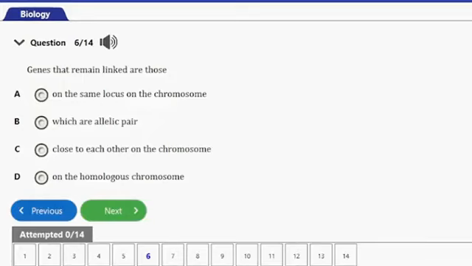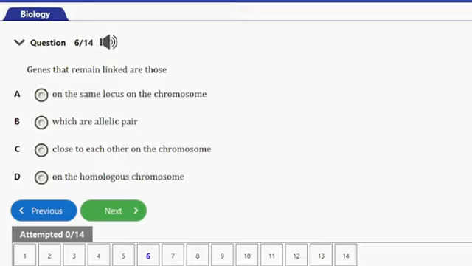Question number 6 here. It says, genes that remain linked are those A, on the same locus on the chromosome, B, which are allelic pair, C, close to each other on the chromosome, D, on the homologous chromosome. The answer to this question is option C, and that's close to each other on the chromosome.